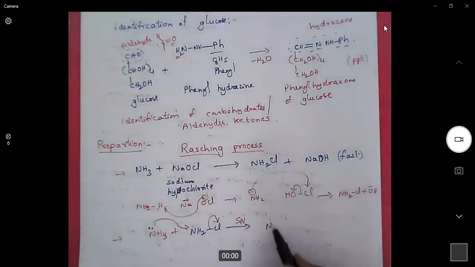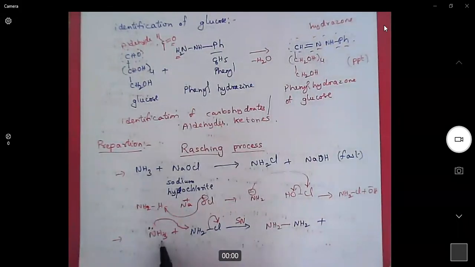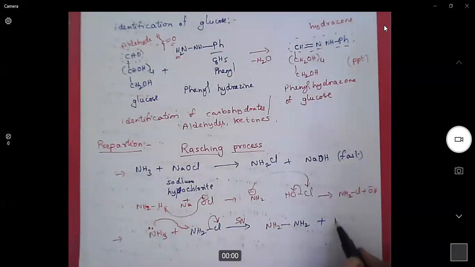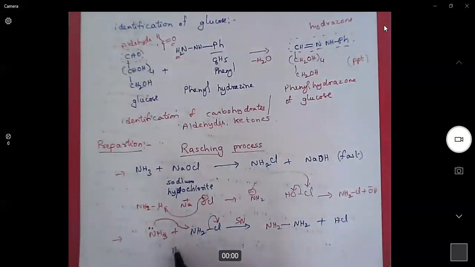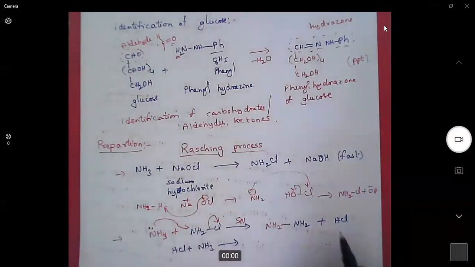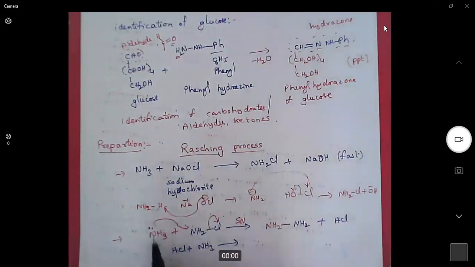It generates N2H4 after the loss of H plus. One H plus from the ammonia molecule and one Cl minus from the chloroamine molecule will be released as HCl. This can be neutralized by an additional molecule of ammonia, so the HCl generated in the reaction reacts with the excess ammonia and generates ammonium chloride.